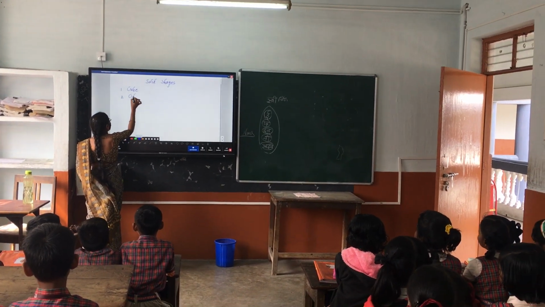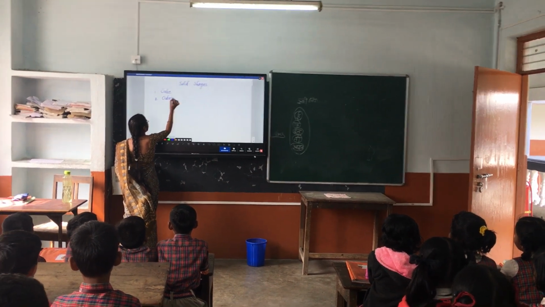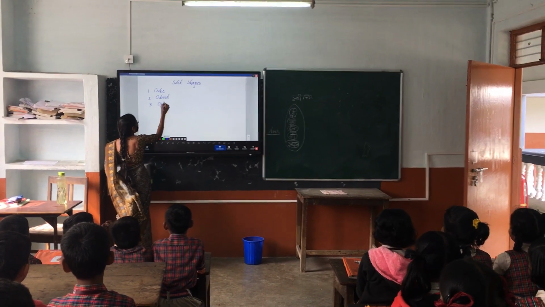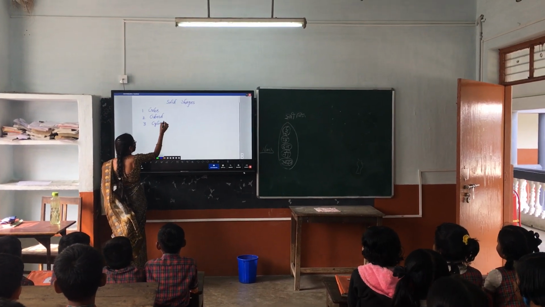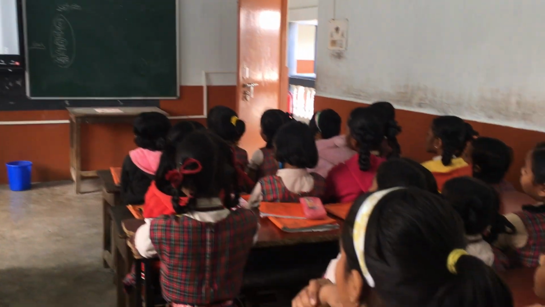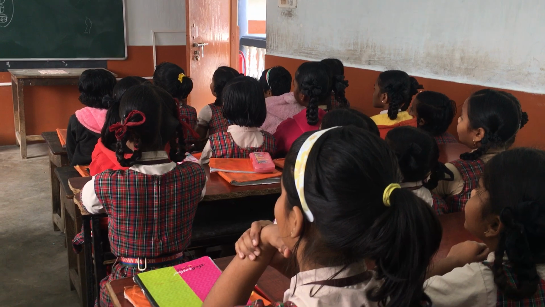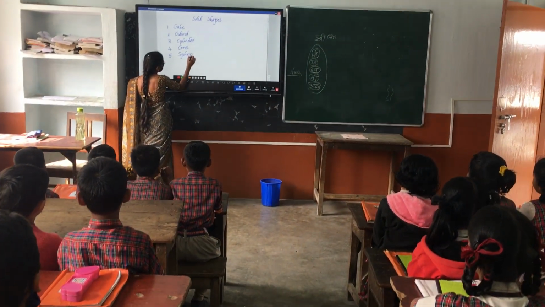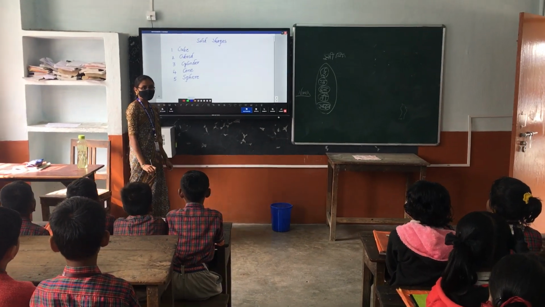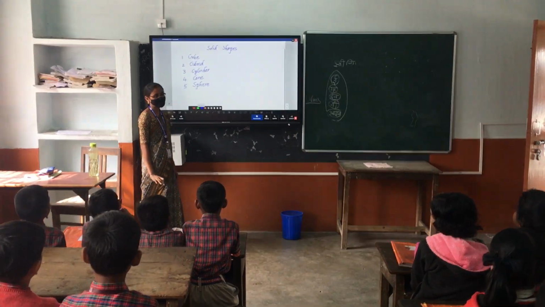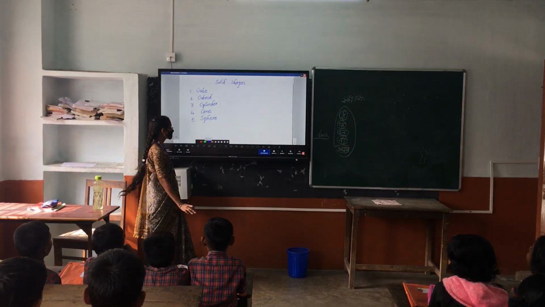Cuboid. And third one? Cylinder. Next? Cone. And sphere. Okay, and we have discussed about their flat surfaces, curved surfaces, edges, vertices. These corners are vertices. Okay?